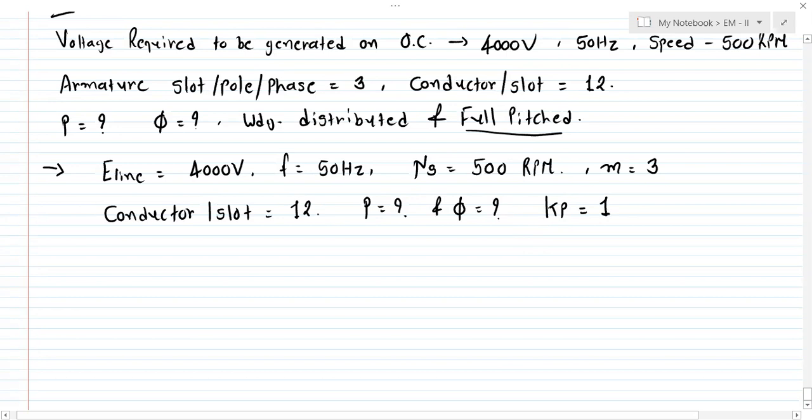That you have to identify. If my coil is short pitched, then you have to find the value of Kp or Kc also. But once the data says your winding is distributed and full pitch, you have to identify the value of Kp and Kd.